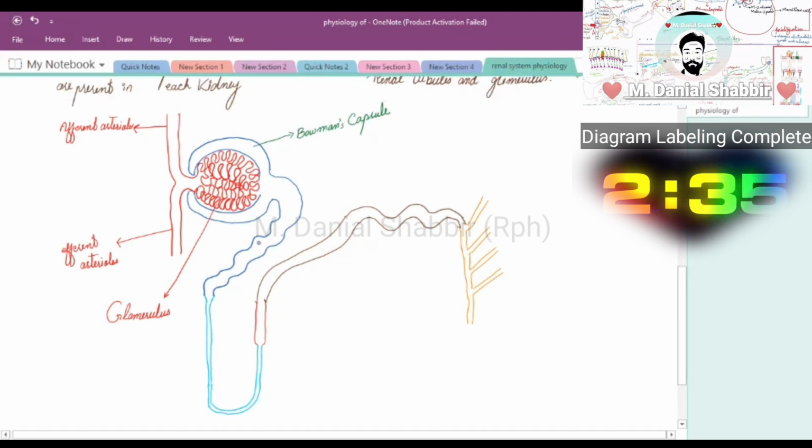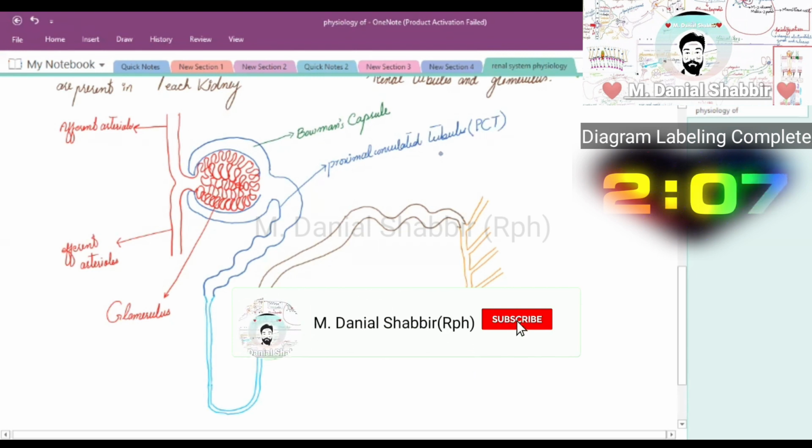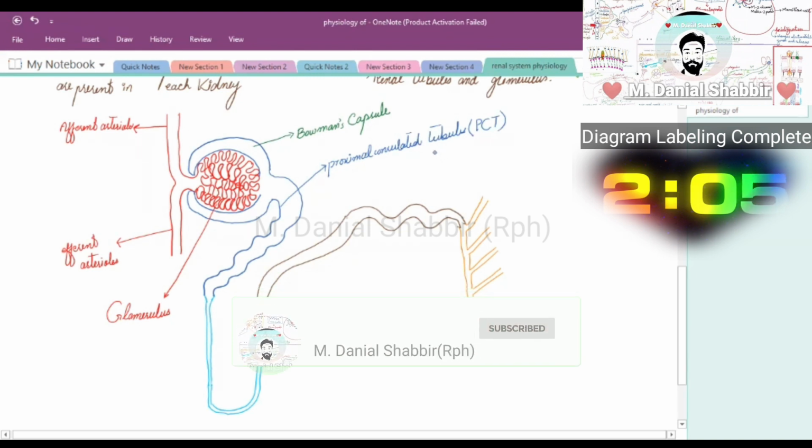The portion just after the Bowman's capsule is the proximal convoluted tubule. This portion, proximal convoluted tubule. Okay, or you can also call it PCT, meaning proximal convoluted tubule.